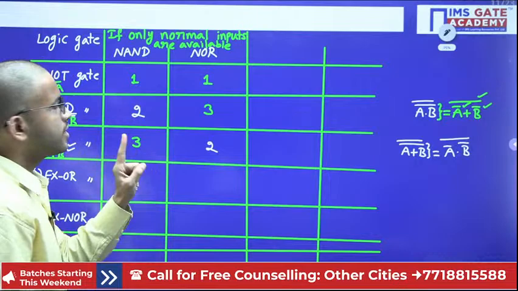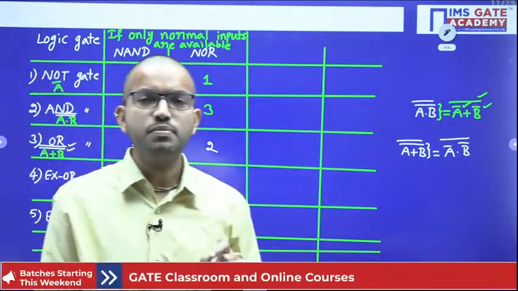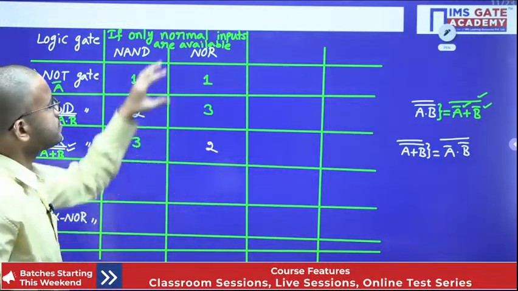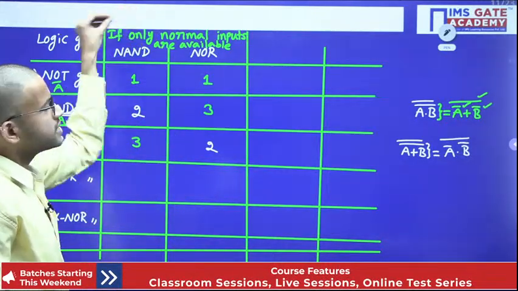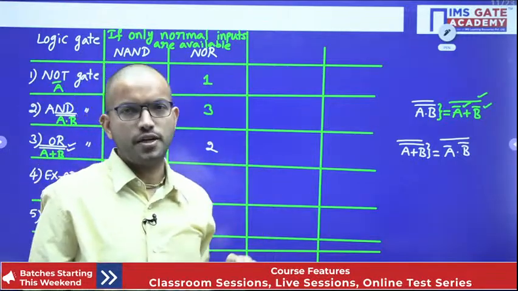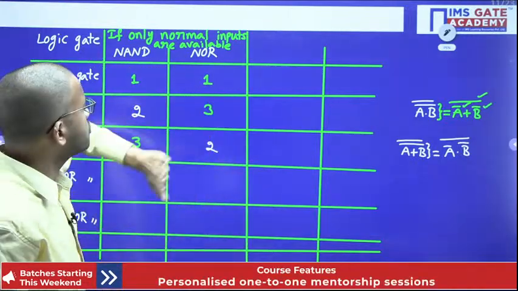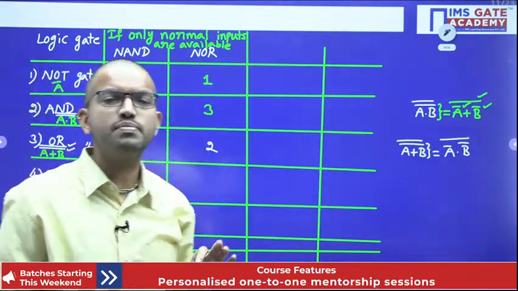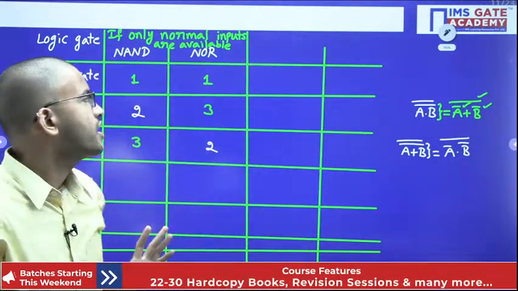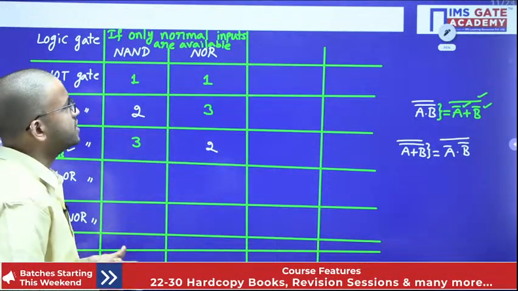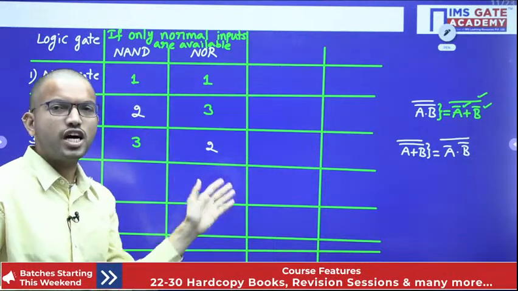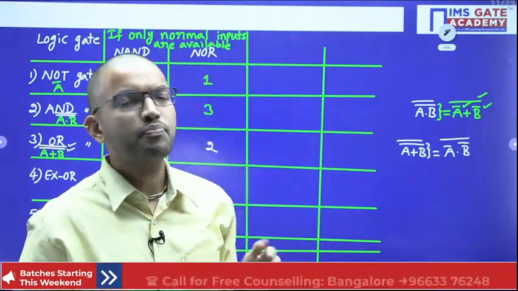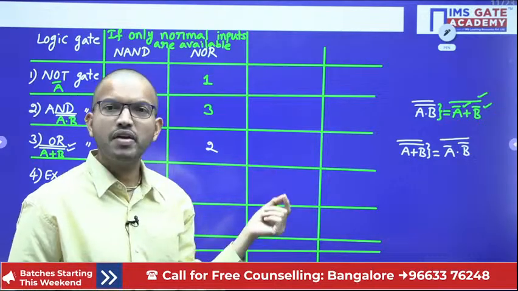Okay, but the only important point you have to take care of is the context, the sentence they have mentioned in the question regarding the inputs. If they don't mention anything regarding the inputs in the question, that means by default the inputs are available in normal form. But sometimes in the question if they specify that the inputs are available in both normal and complement, then that time you have to take extra care because your answer may vary, right?